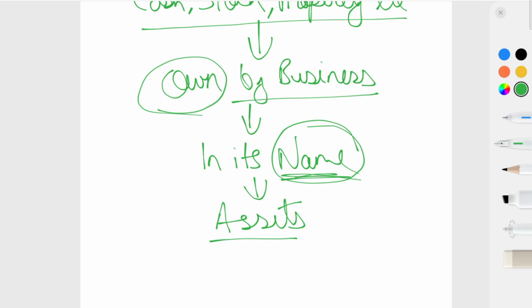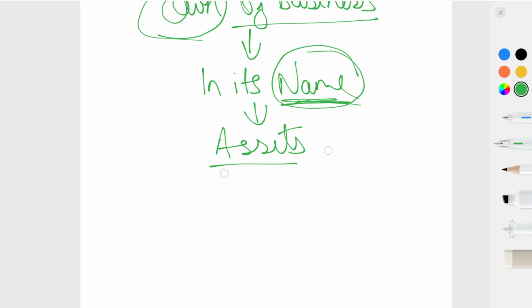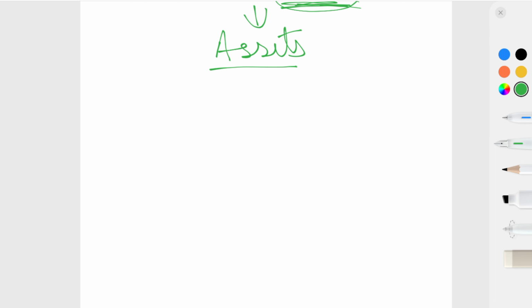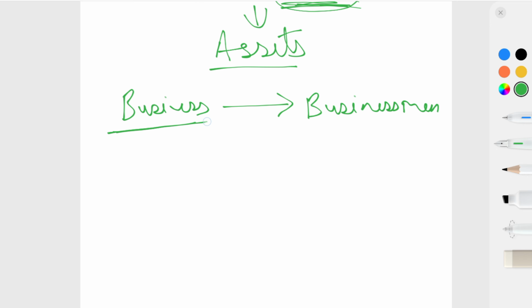Here in this definition, we are focusing more on name because there is a concept known as separate legal entity. Now business is treated as an artificial person separate from the businessman, right? Businessman is different and business is different. Now all the transactions here will be done in the name of business.